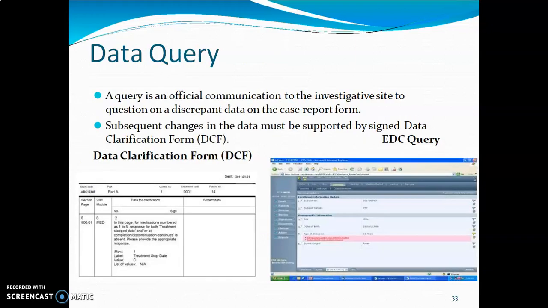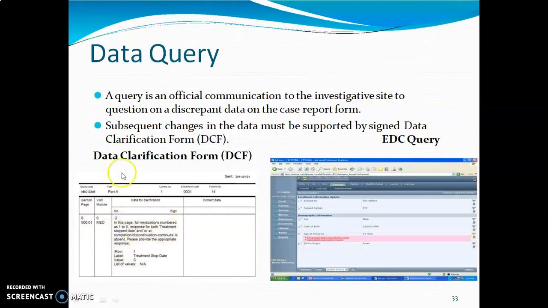Data queries, as I was telling: whenever discrepancies are seen, queries will be sent. A query is an official communication to the investigative site to question discrepant data on the case report form. Subsequent changes in the data must be supported by a signed data clarification form. Here is an example: you can observe the section, visit, module and so on, and the data clarification requests with the description are given.